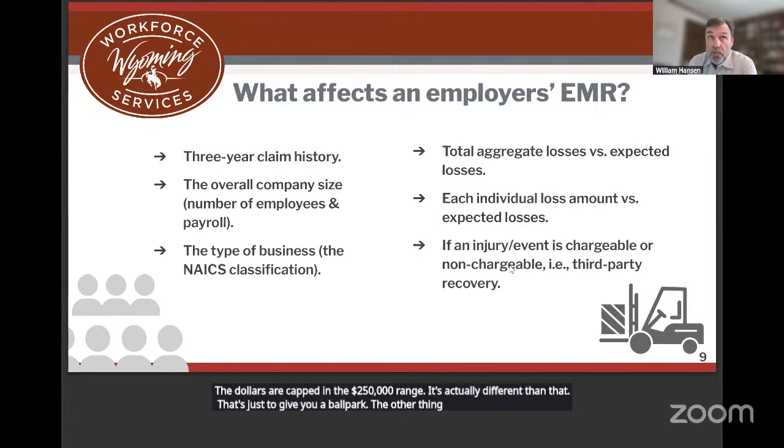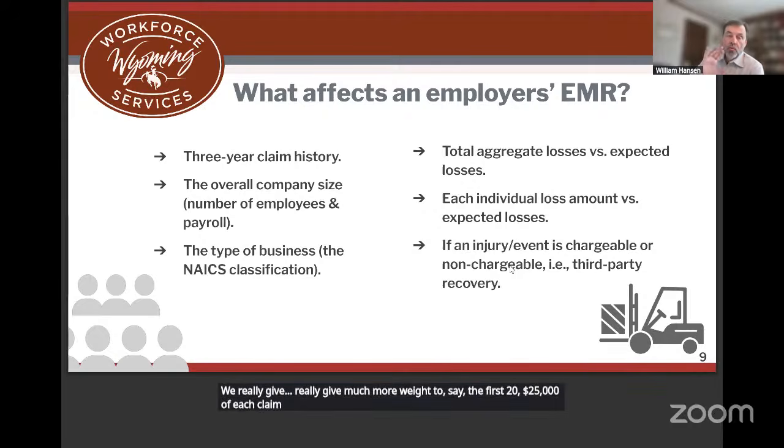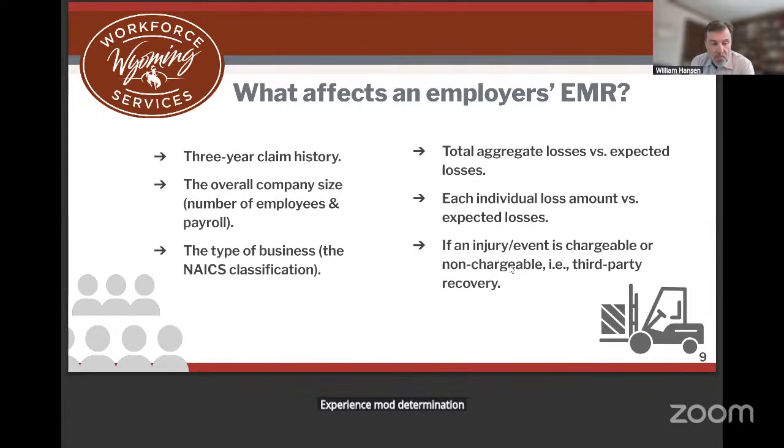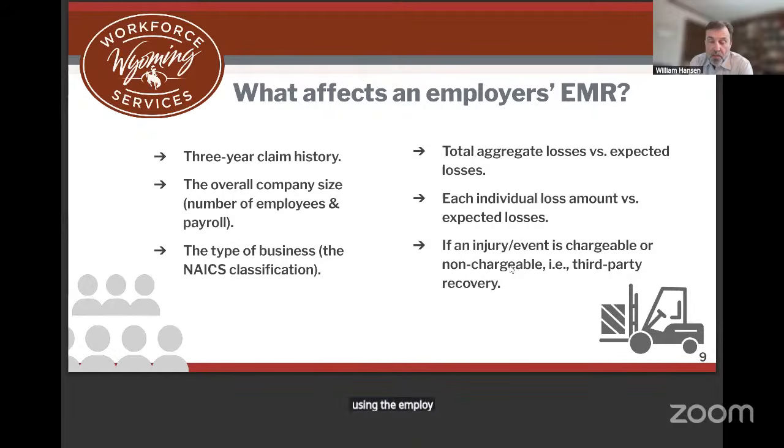The other thing we do, in the context of what's predictive and what's not, is give much more weight to the first $25,000 of each claim than to the amount we call excess, in the more extreme or higher layer. So there are elements of the experience mod determination built, in essence, to get back to what Mr. Wolf referred to a bit ago: we want to be as predictive as we can and estimate the cost into the next policy period using the employer's experience.